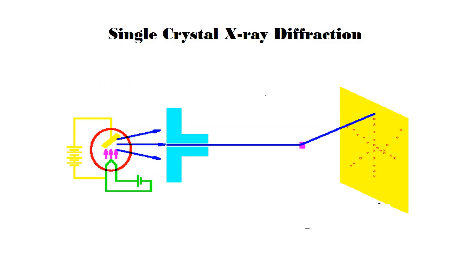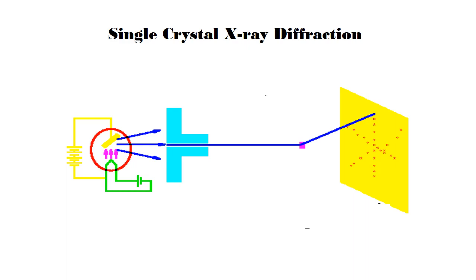In the single crystal X-ray diffraction we use a goniometer, and this is the schematic diagram showing the mechanism and process of the spectrometer or X-ray diffractometer.